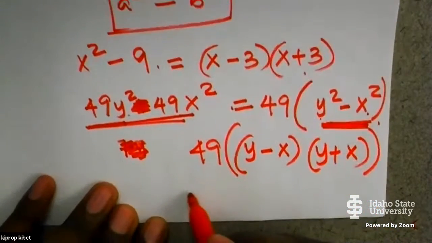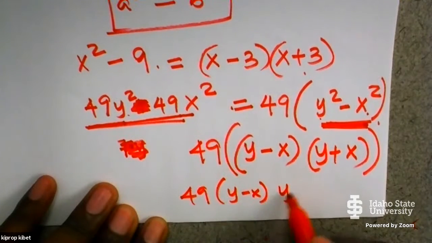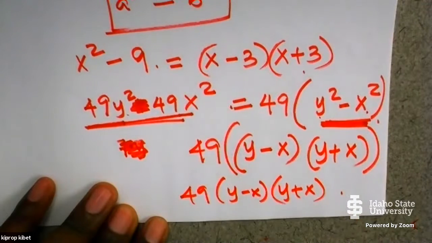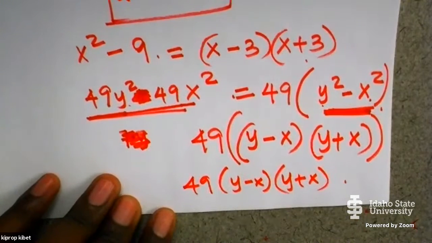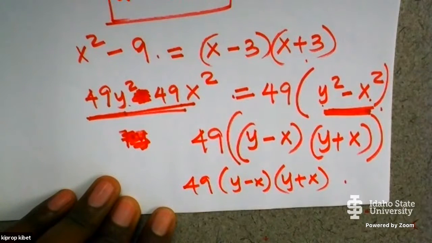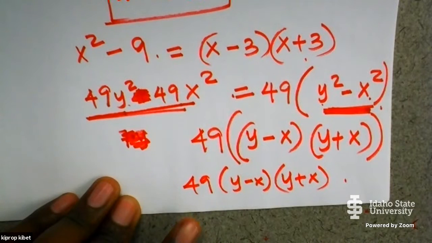So our answer will be 49 times y minus x, y plus x. So you factor 49 out, and then the inside one will be a difference of squares.